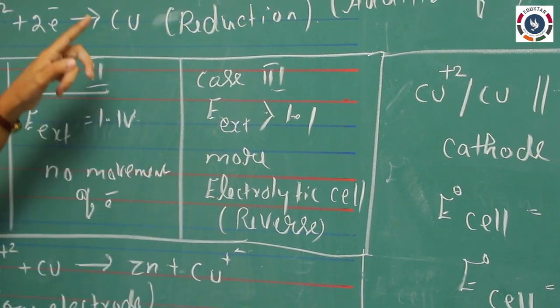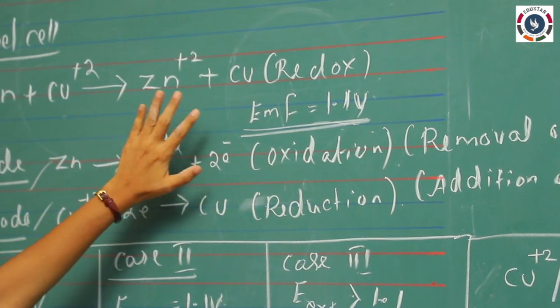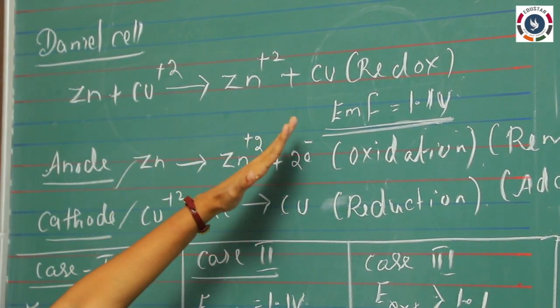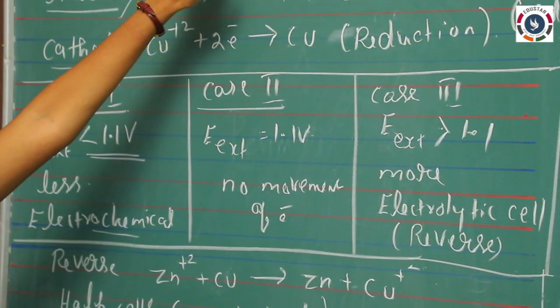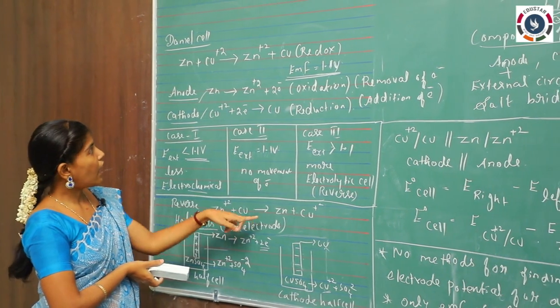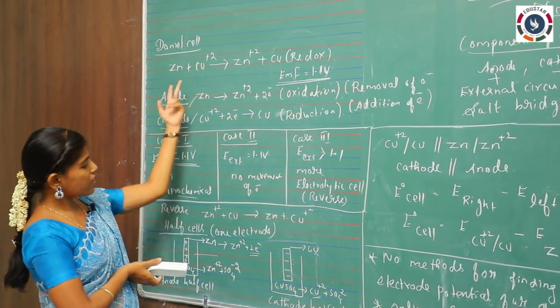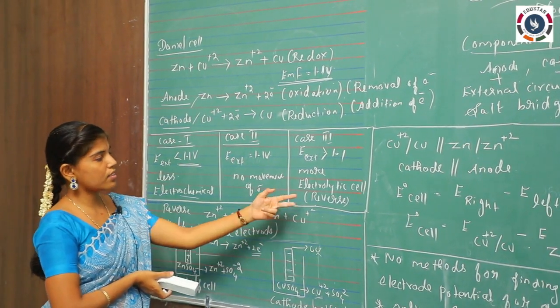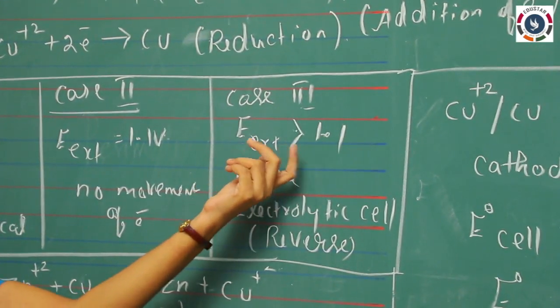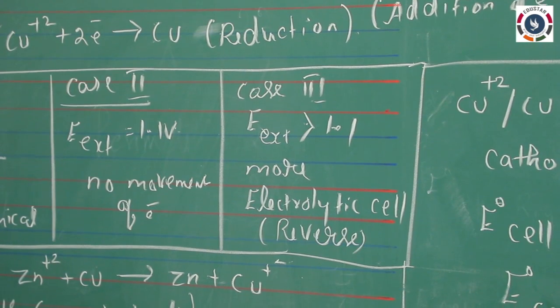Here I have written the reaction: the left hand side is written as the right hand side and the right hand side as the left hand side. So the zinc ions and copper are on this side, and the reactant side is written as the product side. This is the reverse reaction, and it happens if the external potential is more than 1.1 volt.